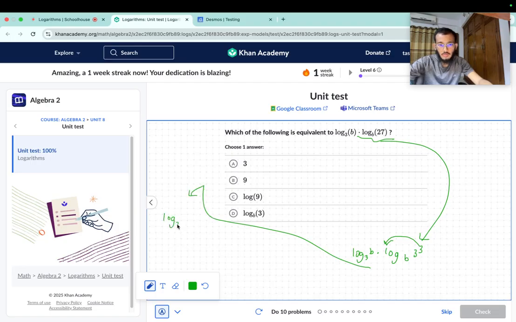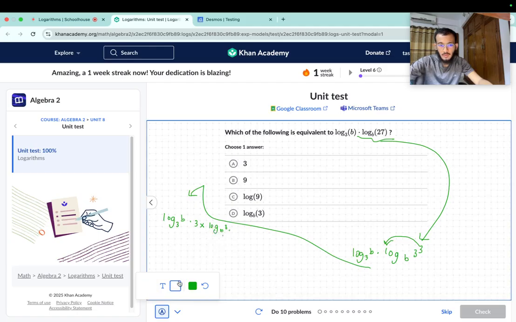log b to base 3 times 3 into log 3 to base b. Now what we can do is switch the base of the log with its argument if we make the entire logarithm reciprocal.